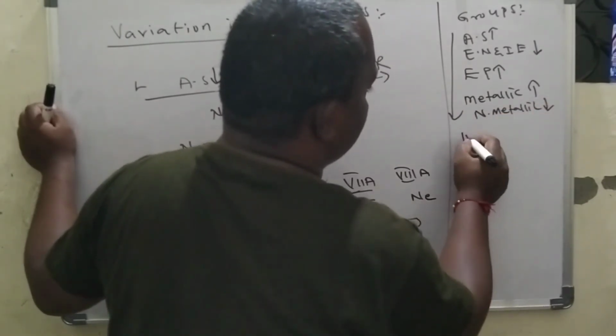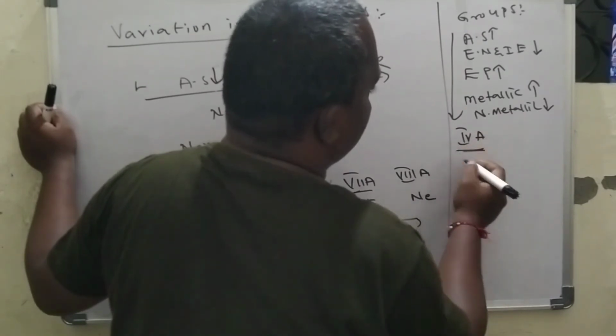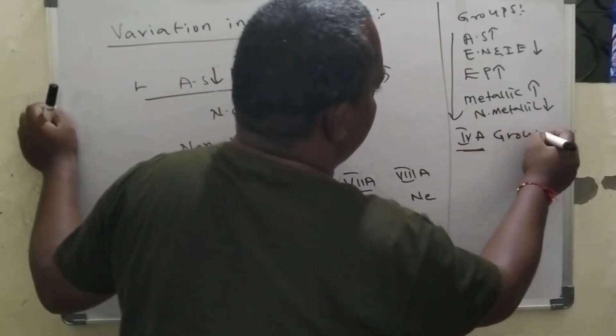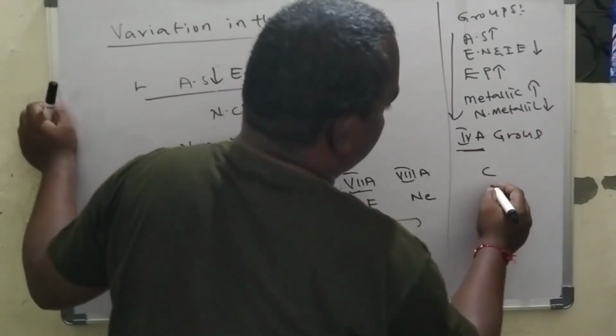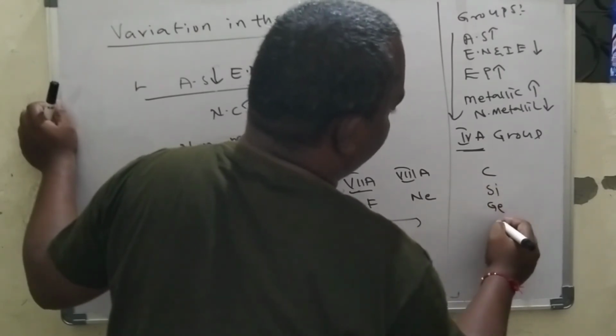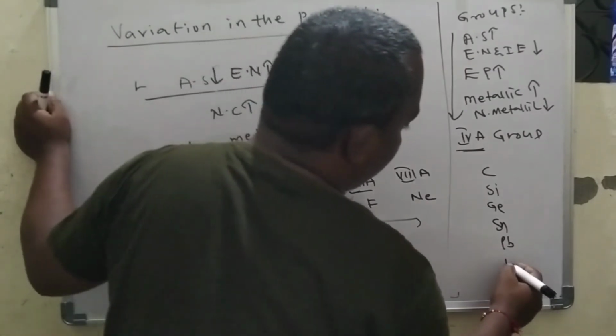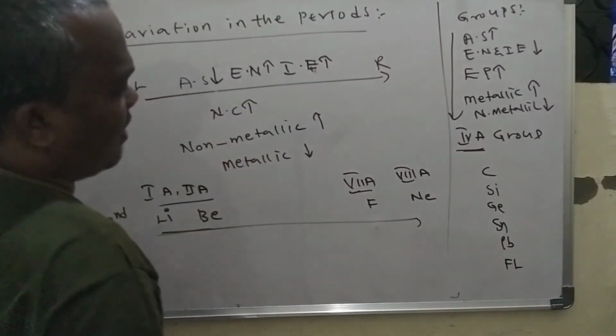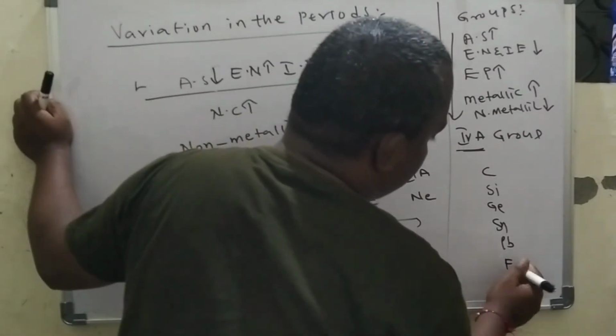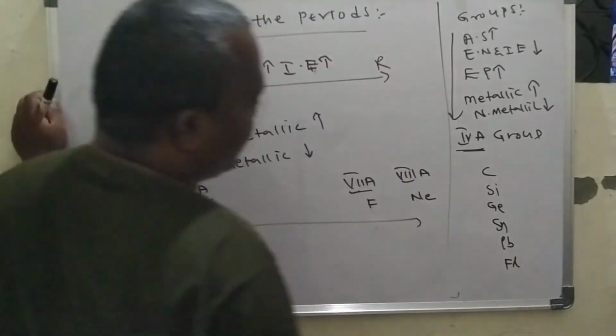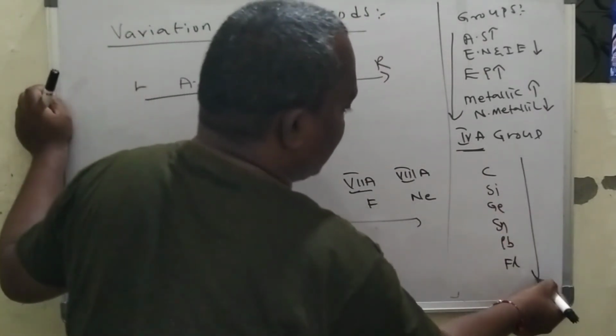If we consider the fourth group elements, there are carbon, silicon, germanium, tin, lead and flerovium.